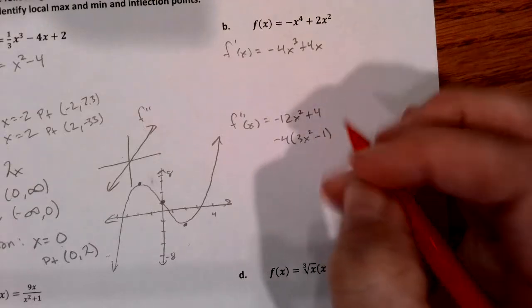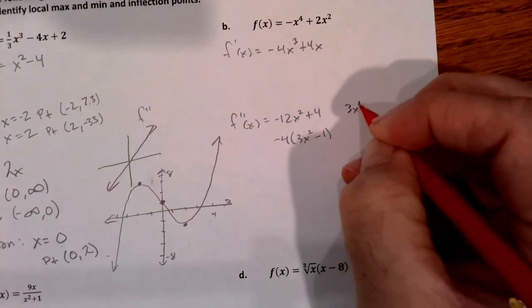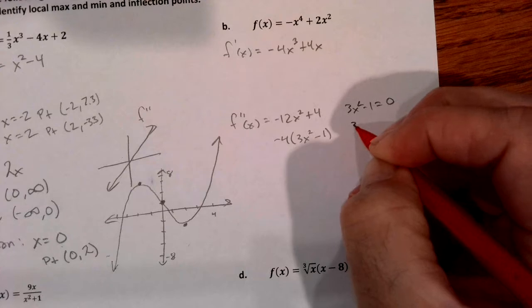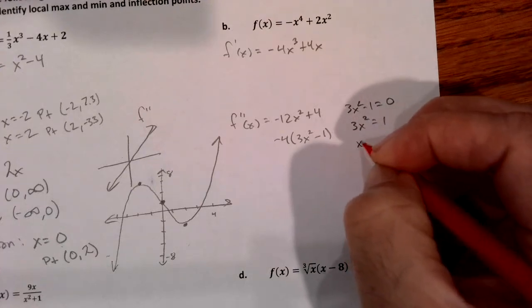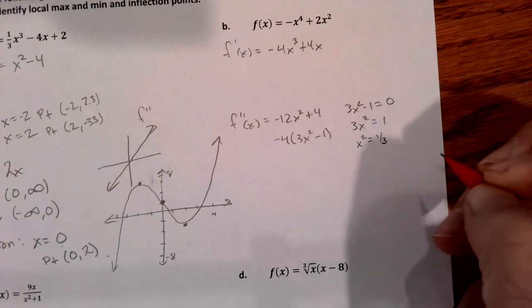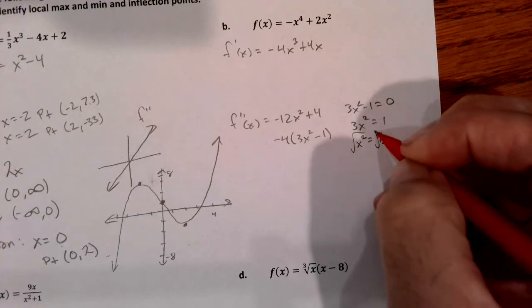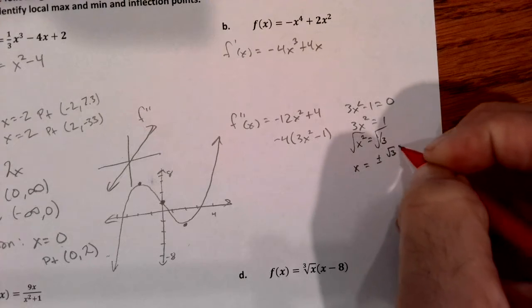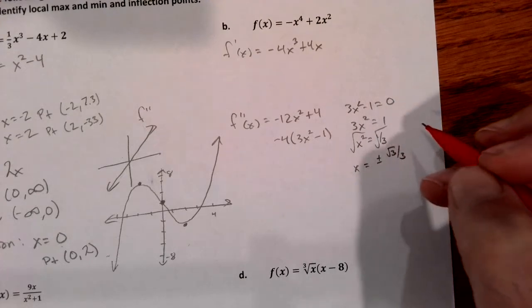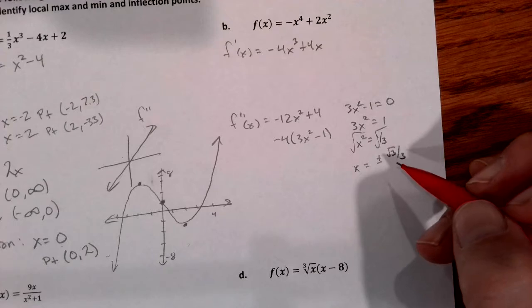Solve that equal to 0: 3x squared is equal to 1. Divide by 3, x squared is equal to 1/3. Then square root both sides. x is equal to plus or minus root 3 over 3 when we rationalize that denominator.